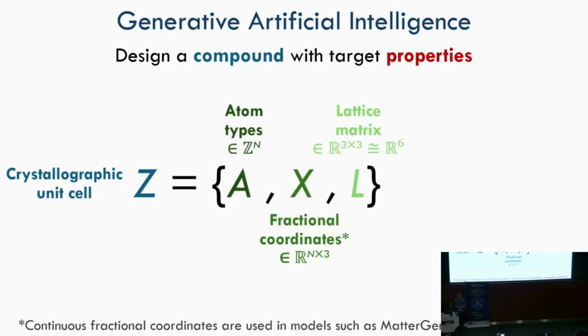You have the atom types, which is something that's integer. You have fractional coordinates of those atoms, so where are they in 3D space? And then in crystallography, you also have the box or the lattice that describes the repeating unit of a material. So you have these three things combined. And the idea is that you want to train a model that's able to generate a combination of A, X, L that will describe a material.